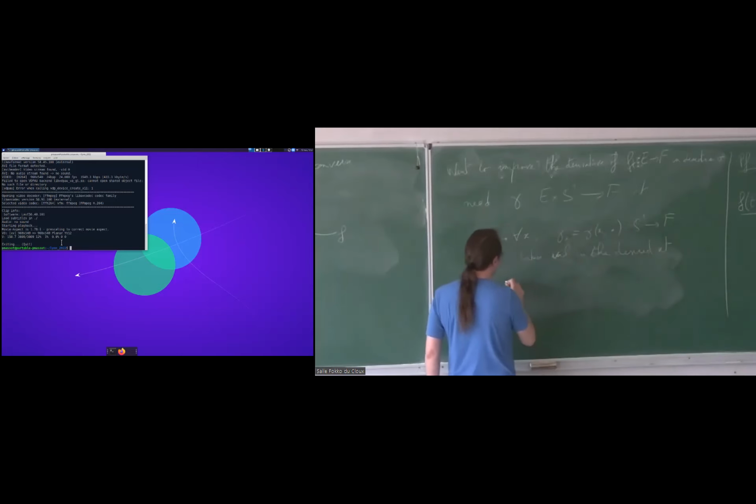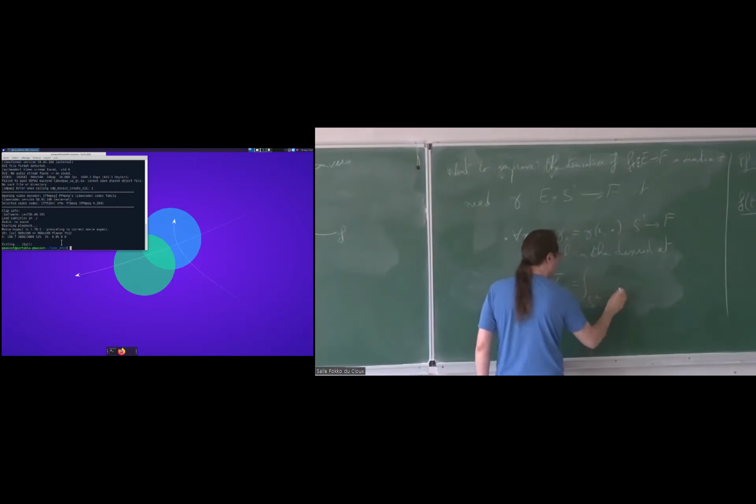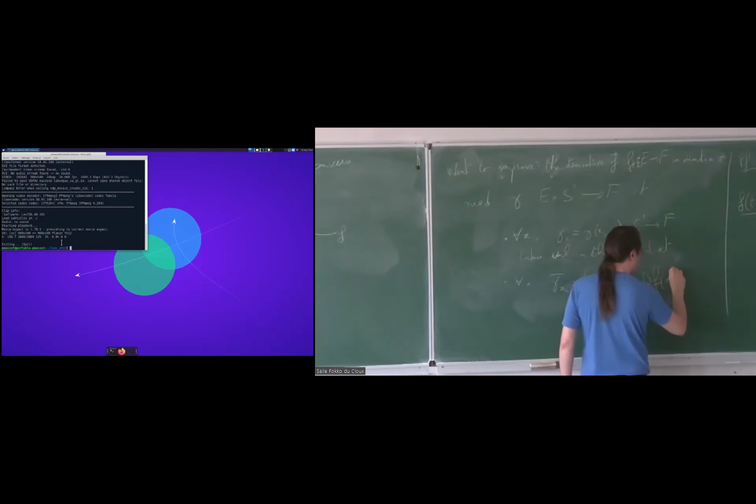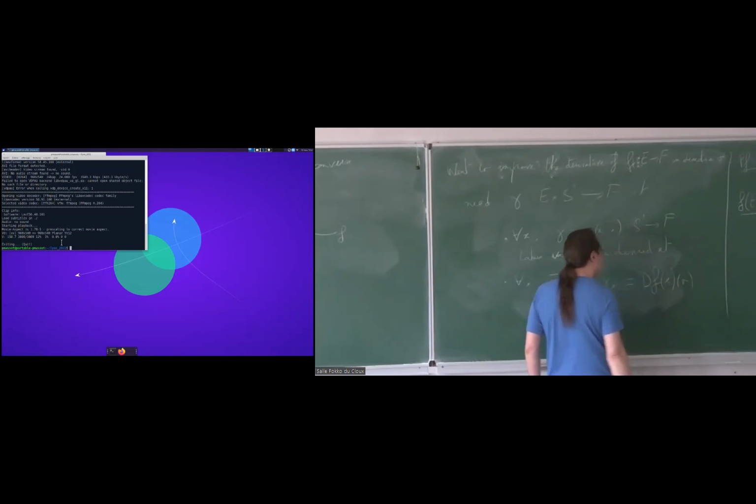And has average value. The average value is just the integral over S1 of gamma X is the derivative of my original map in the direction V. And at least if E is one-dimensional, V is simply d over dt.